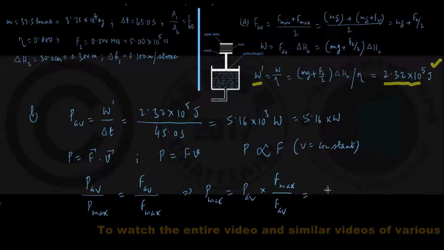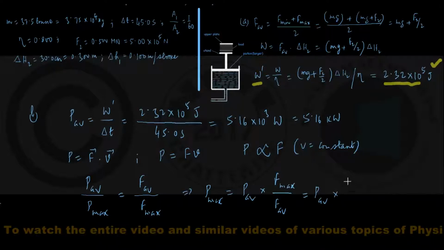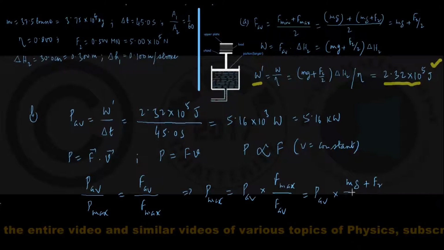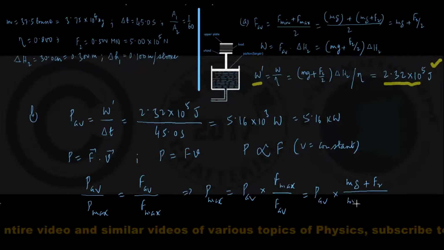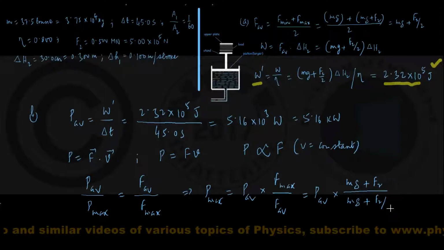So I put those values to write down P max is equal to P average into mg plus F2 divided by mg plus F2 by 2.